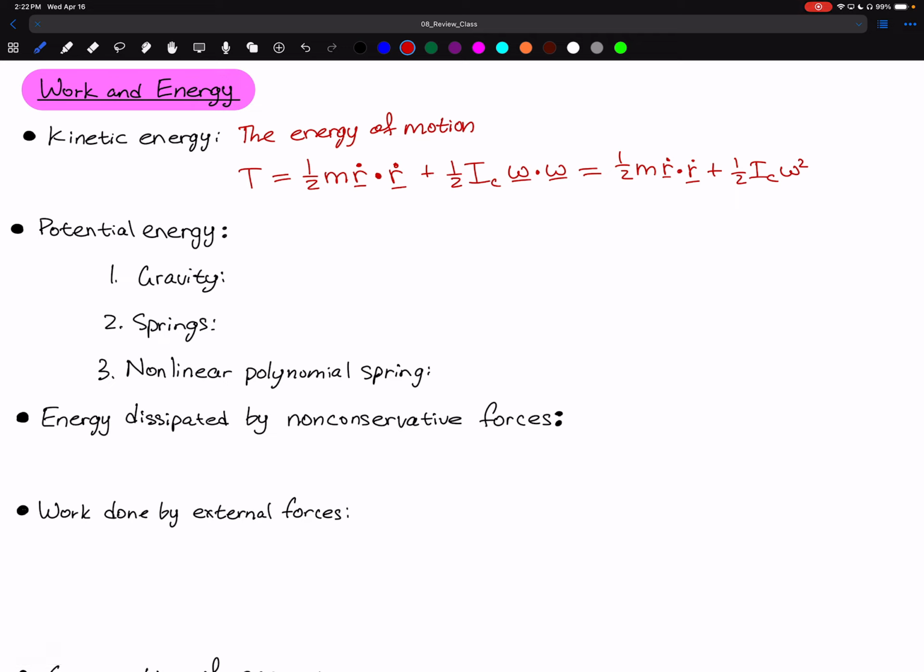All right, we also looked at potential energy. This is the work that is done by conservative forces in a system. And generally, this is related to energy being stored in the system.